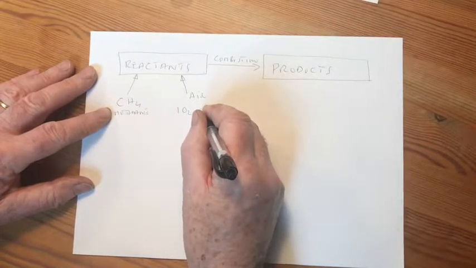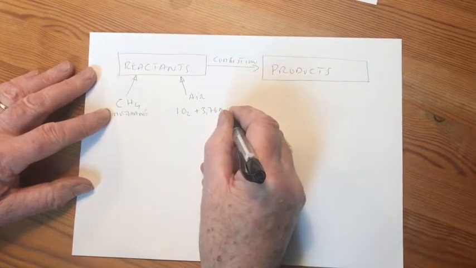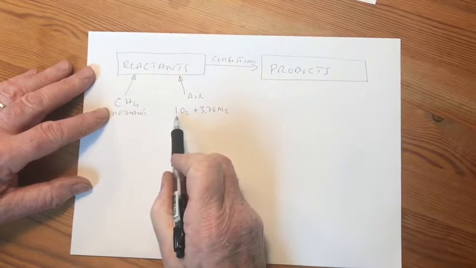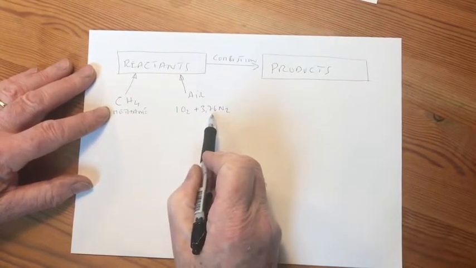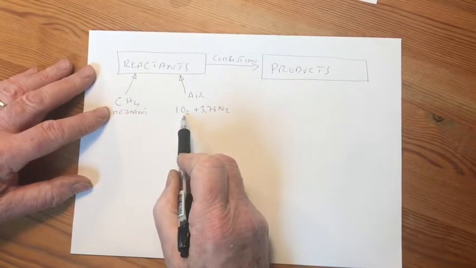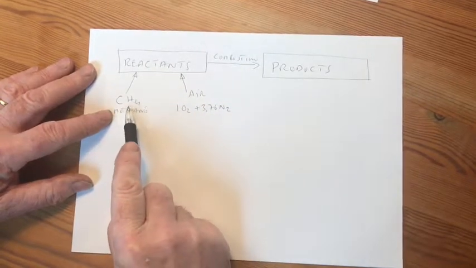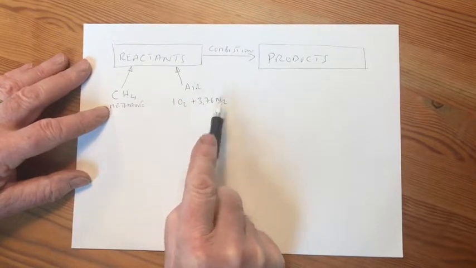So this becomes plus 3.76 times N2. Now if we go back and we take the 1 plus 3.76 and 1 over 4.76, that will give us 0.21. That's 21% oxygen. Good. So our reactants are, again, methane and air, oxygen and nitrogen.